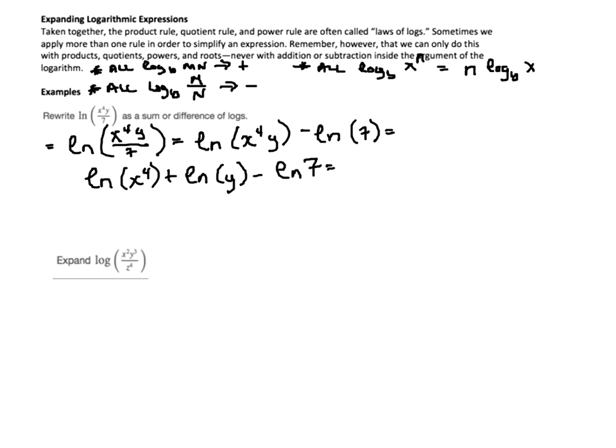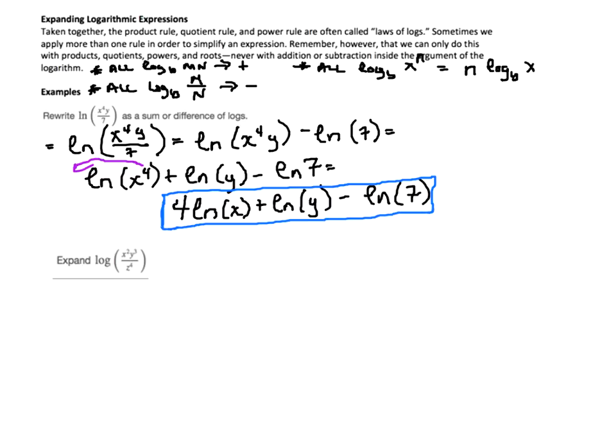And the only thing I have left to worry about is bringing that 4 out as a coefficient. So my final expanded form here is 4 times the ln of x plus the ln of y minus the ln of 7.